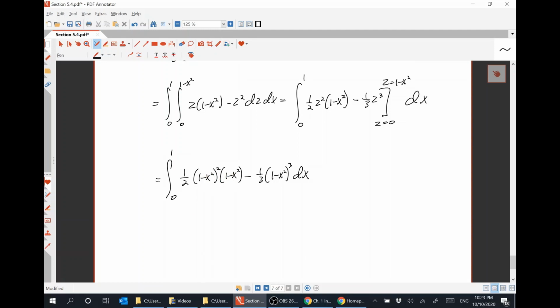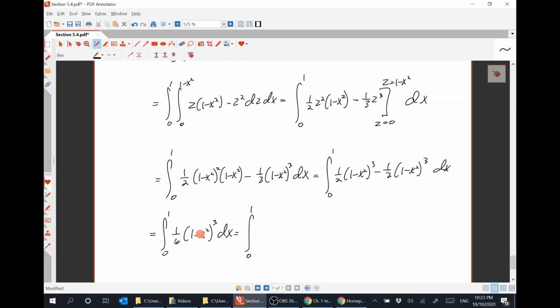This is 1 minus x squared to the third again. So this is equal to the integral from 0 to 1, 1 half, 1 minus x squared to the third, minus a third, 1 minus x squared to the third. So that's equal to a half minus a third is a sixth, 1 minus x squared to the third dx.